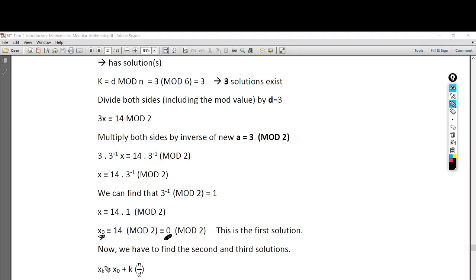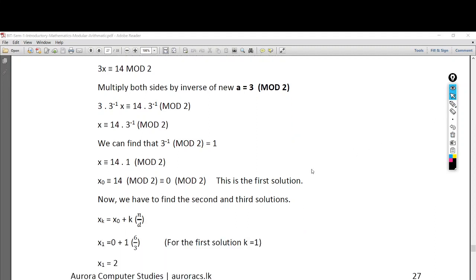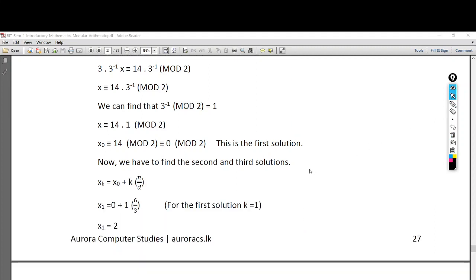Now we are going to use this formula to calculate. We know that there are 3 solutions, so we now calculate x1 and x2. To find x1, k is 1, x naught is 0, n is the original n, 6, and d is the original d, 3.